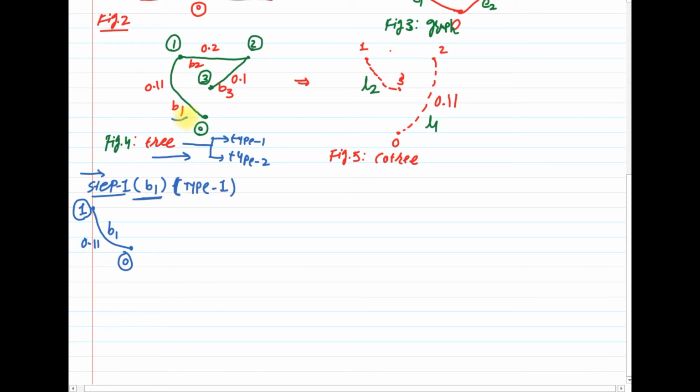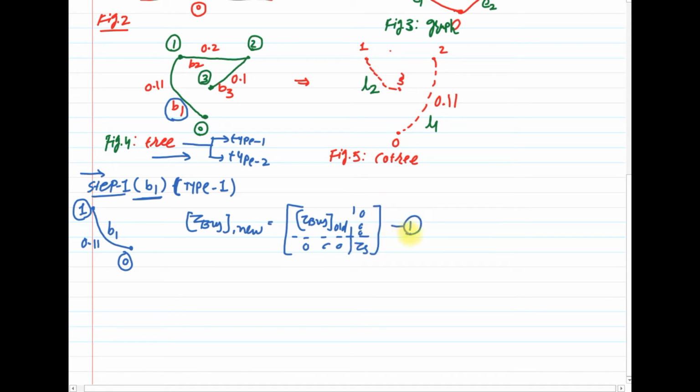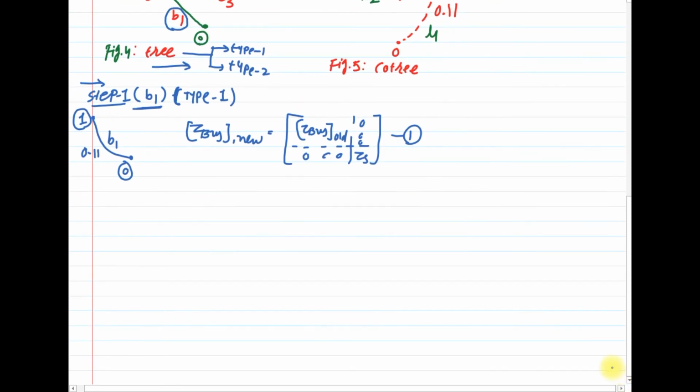So for this first element we can easily say that the type 1 modification is applicable, and I will directly write down the equation for the type 1 modification, which is Z bus new is equal to, in matrix form, Z bus old, and all the elements are 0, only the diagonal elements. This is your equation number 1 for type 1 modification.